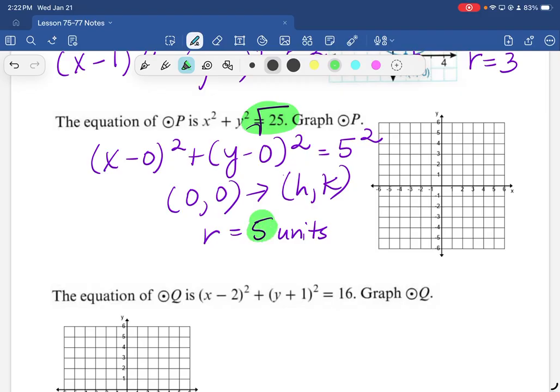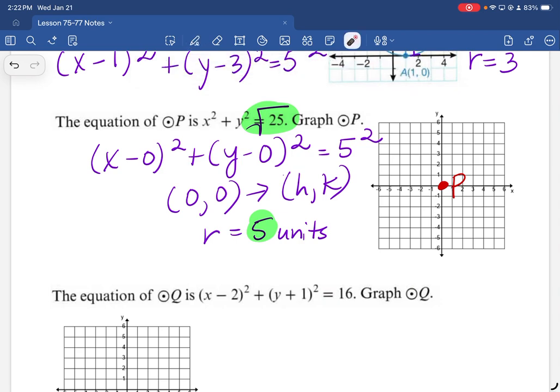Okay, I have everything I need now to graph circle P, which I was instructed to do. So, I'm going to put a point at my center, and I'm going to label that P, because you name a circle by its center. 0, 0, the origin is where the center is. And then we're going to go out 5 units to the right, put a dot, 5 units to the left, put a dot, 5 units up, put a dot, 5 units down, put a dot.